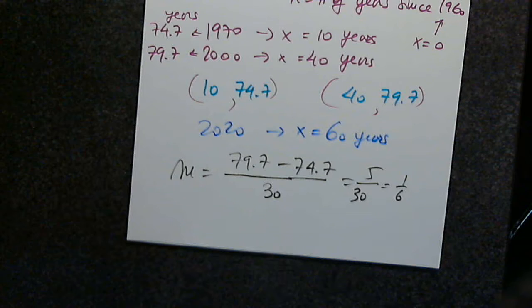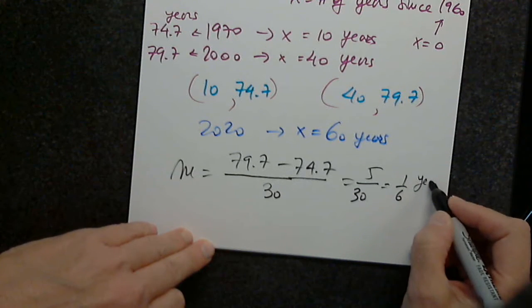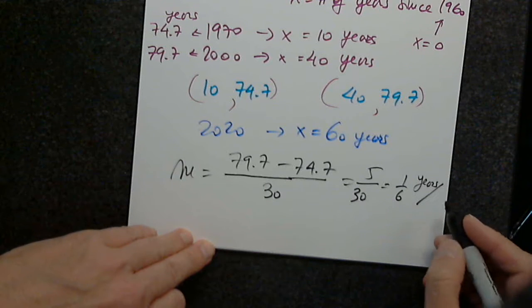1 over 6 means nothing without a measurement unit. It's a ratio of 2 variables. The measurement unit has to have 2 measurement units, one coming from the top, one coming from the bottom. What is the measurement unit for the top? Years. Per.